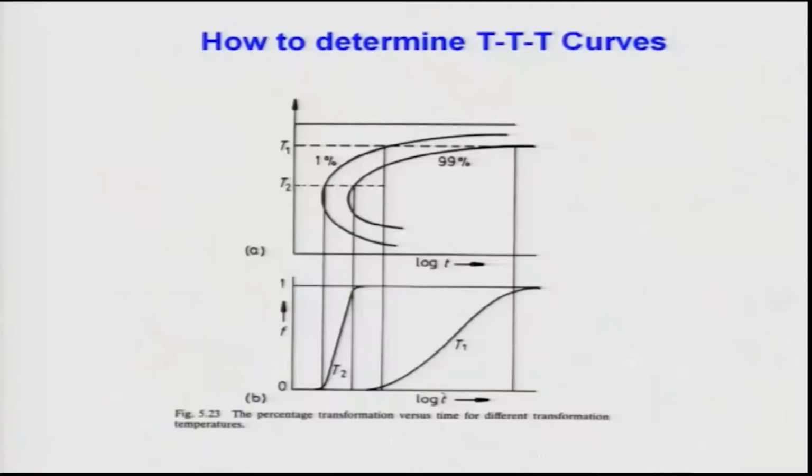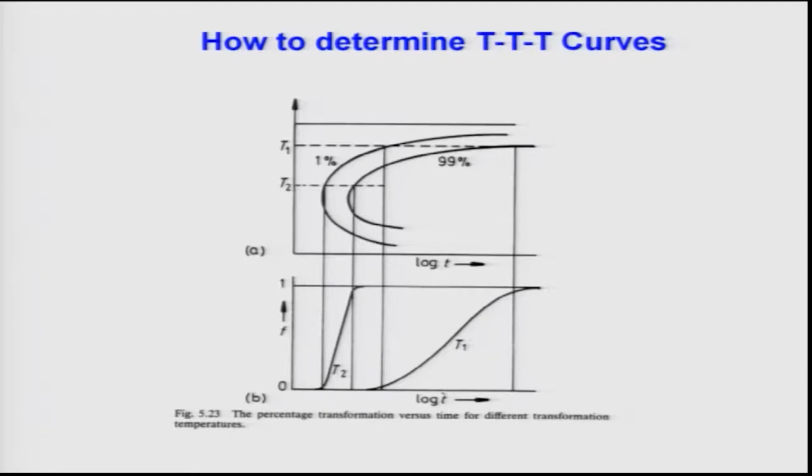This time is shown here for T2 and T1, these two temperatures. This time is known as incubation time, the time after which the transformation actually begins. Once the transformation begins, it increases initially slowly and then increases fast, and finally reaches the maximum value close to fraction transformed of 1.